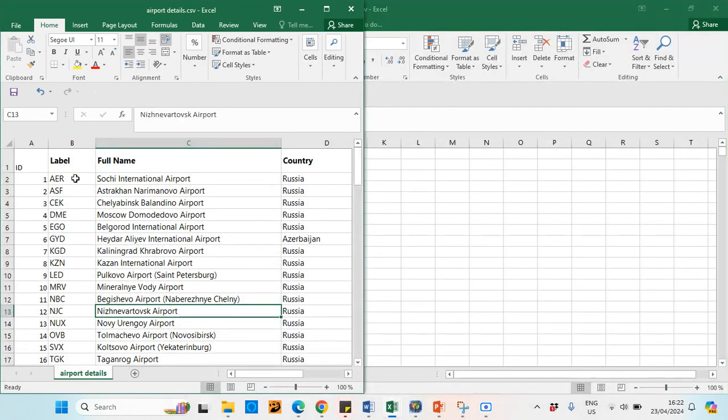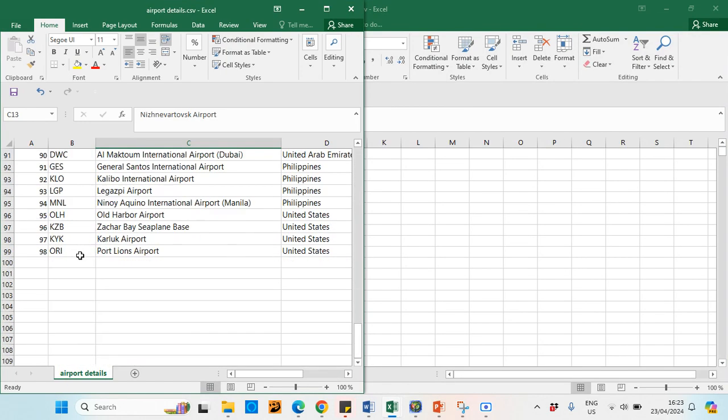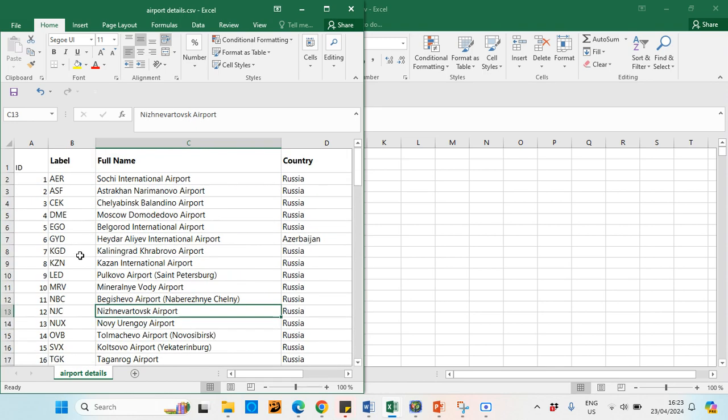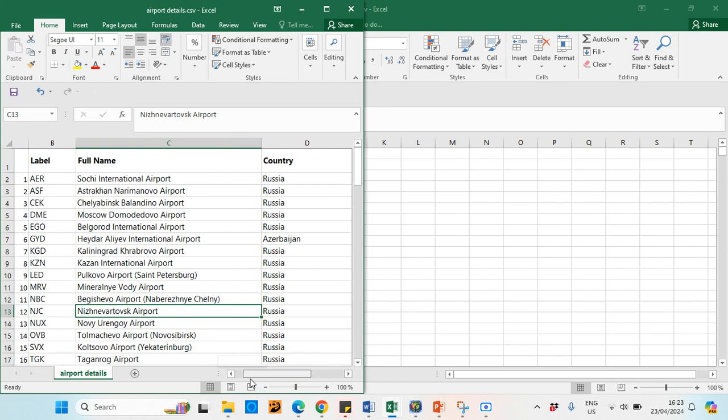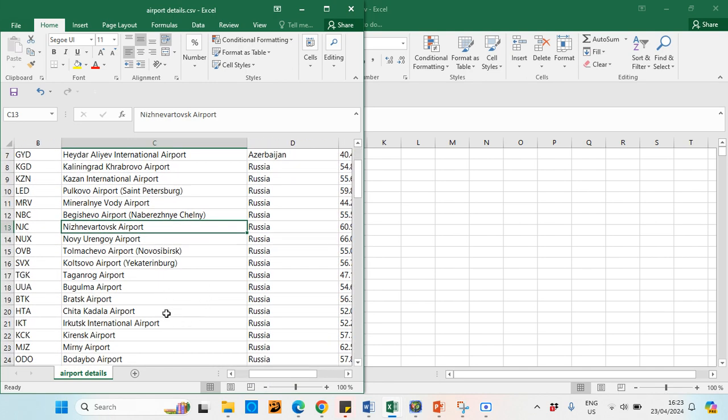Then I removed the duplicates, which left me with about 98 airports. Then I gave them IDs. Since I didn't have the names of these airports in full, I had to improvise. I had to use Google to get their names in full, and then their country and the longitudes and latitudes. I had to get them personally. So that is the data that I used as my node data set.